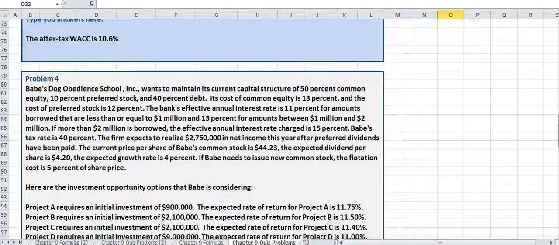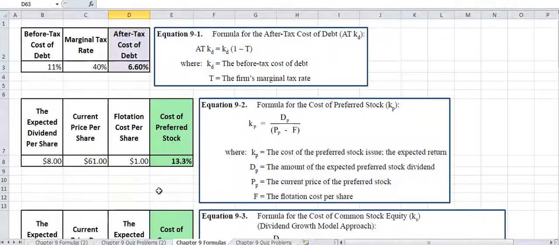We just need to figure out what the after-tax cost of debt is. So we use the 13% before... actually, we use 11%. It's hard to read all this, so many numbers. Okay, so let's jump back up here, and we use 11%.